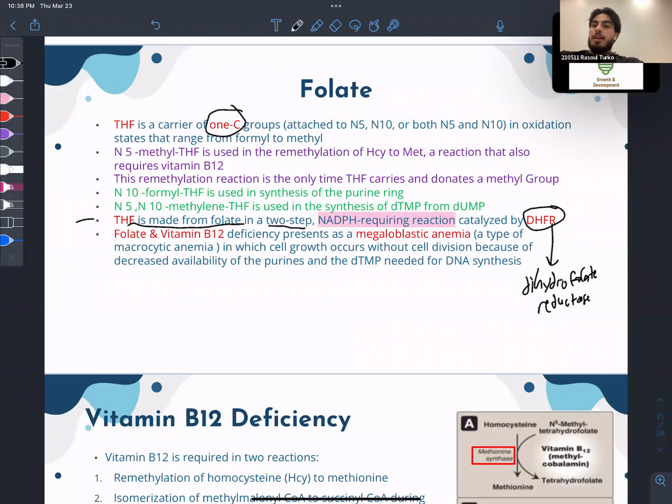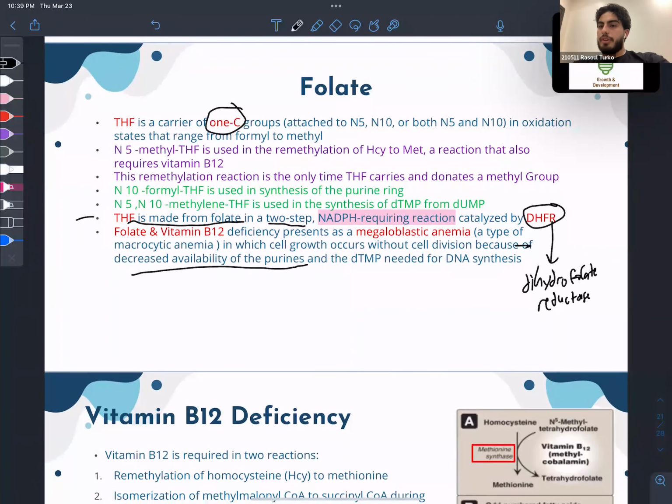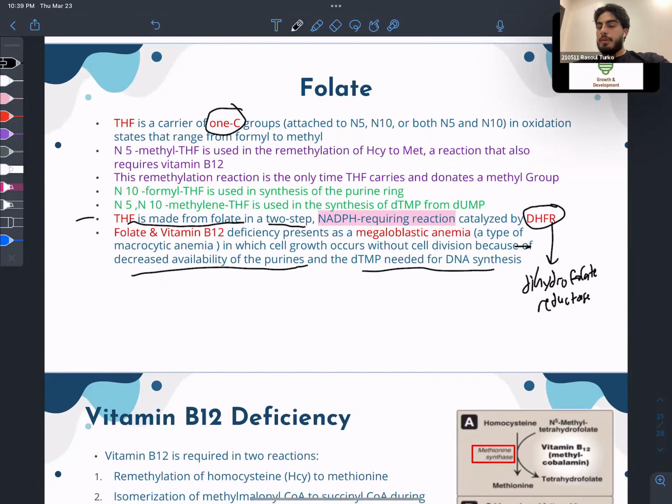Okay, and why does that happen? Because there's decreased availability of purines and dTMP for DNA synthesis. Because we don't have folate here, we can't go through with this reaction, or this reaction, or this reaction, which means we won't be able to produce purines, and we won't be able to produce what is needed for DNA synthesis.